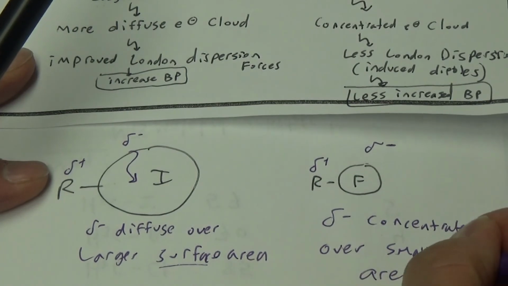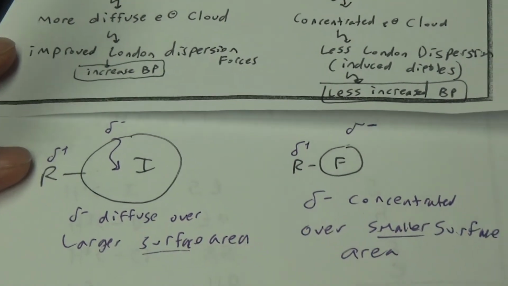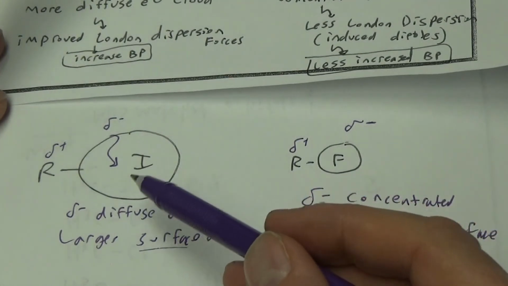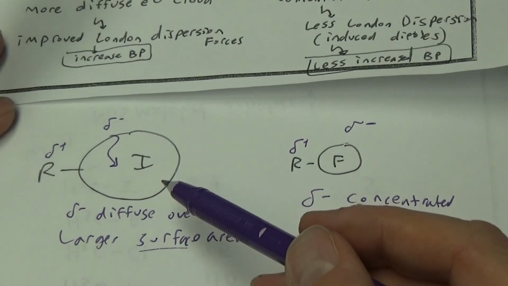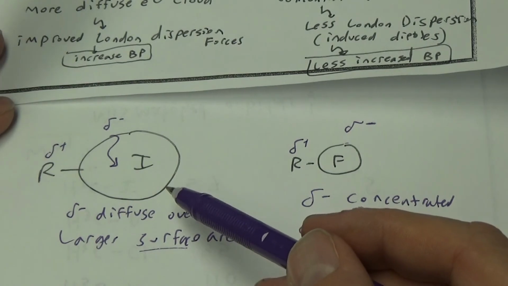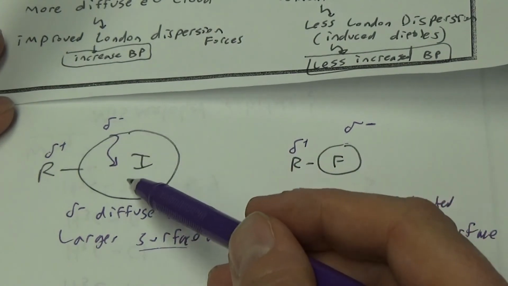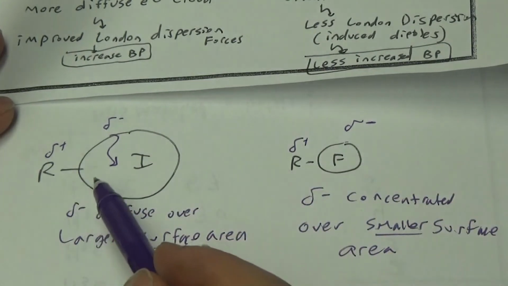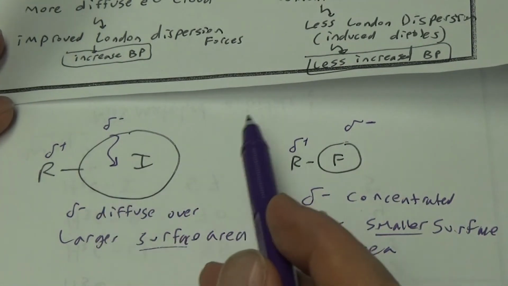Okay, a smaller surface area. So having this kind of big surface area effect, it just has more of a London dispersion effect, where the dipoles of this induce dipoles on the other molecules.